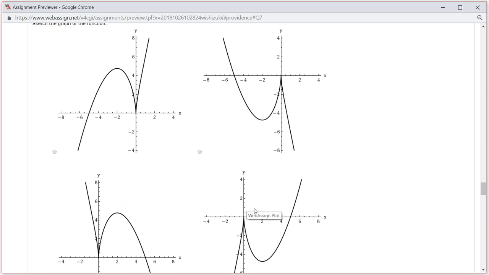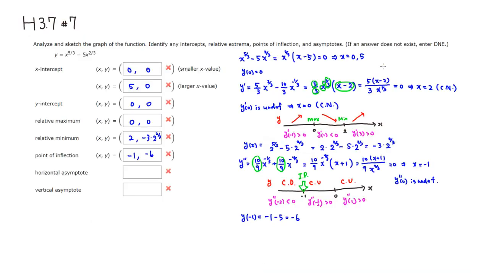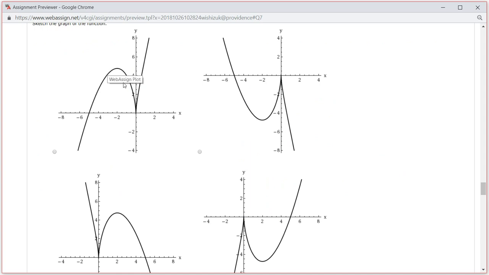And the fourth one is increasing, decreasing, increasing. Then the other thing we know is that the concavity is concave down, concave up.